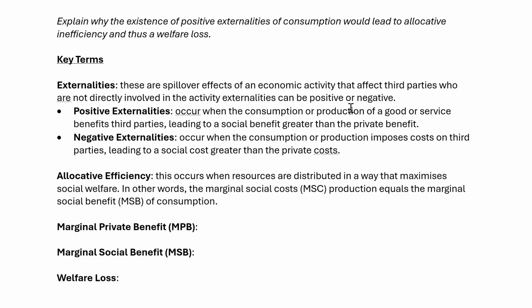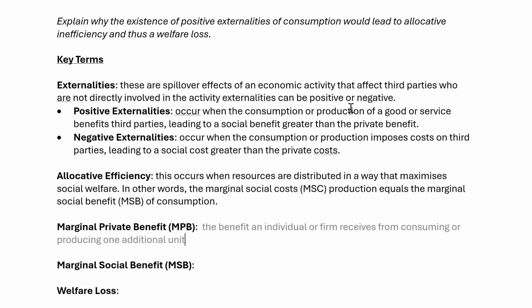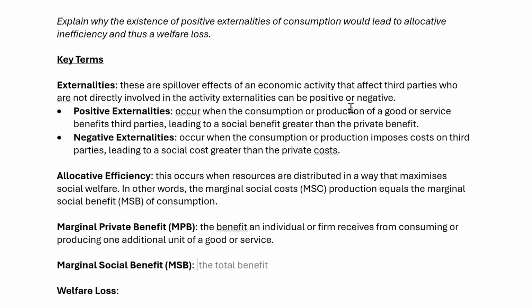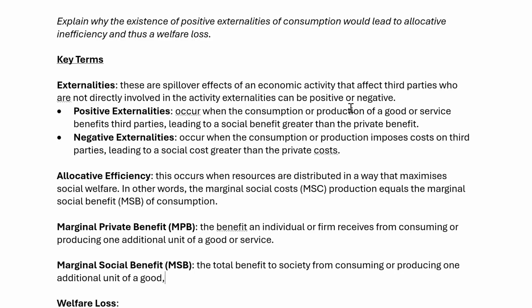Next, we're going to define this idea of marginal private benefit. The benefit an individual or firm receives from consuming or producing one additional unit of a good or service. And then we're going to talk about the marginal social benefit, the total benefit to society from consuming or producing one additional unit of a good, which includes both private and external benefits.